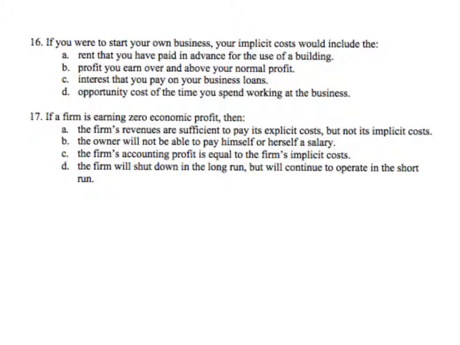If you were to start your own business, your implicit costs, and so implicit costs are costs that are real opportunity costs but don't involve money leaving one person's bank account and going into another person's bank account. So the costs that involve the payment of money are explicit costs. Implicit are costs but don't involve the exchange of money.